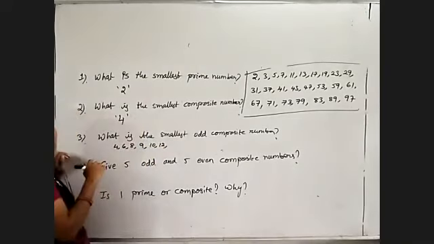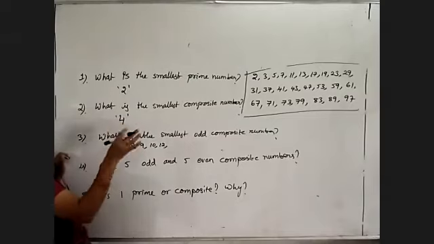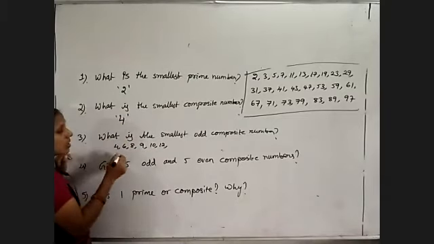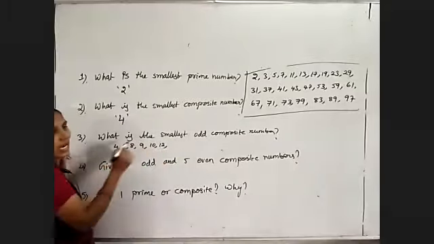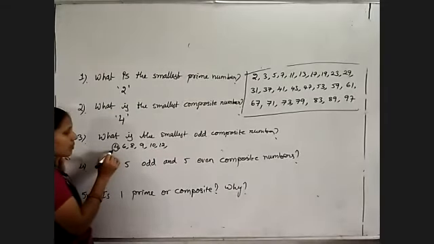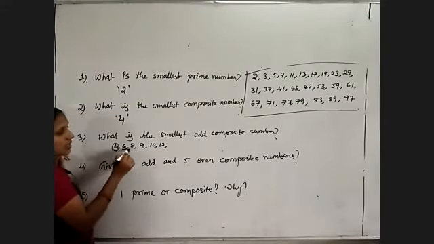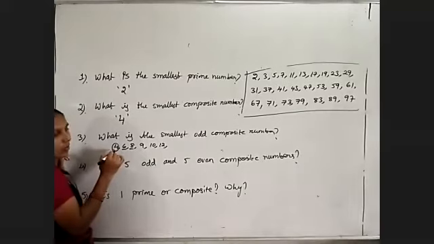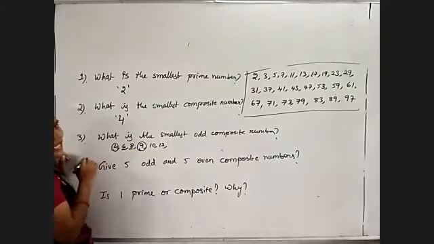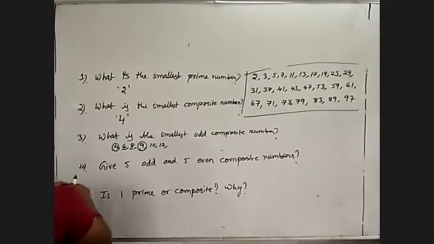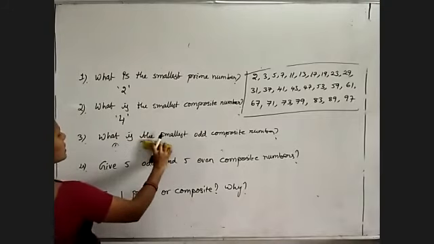Whatever is missing, which are not prime numbers, all those are composite numbers. So what is the smallest odd composite number? Smallest composite number is 4. 6, 8 are even composite numbers. So 9 is the odd composite number. So smallest odd composite number is 9.